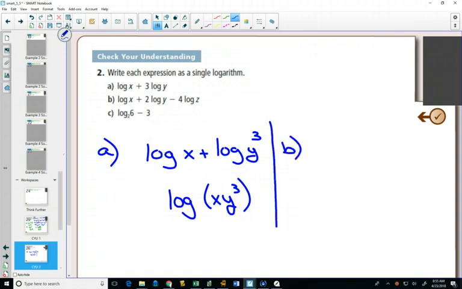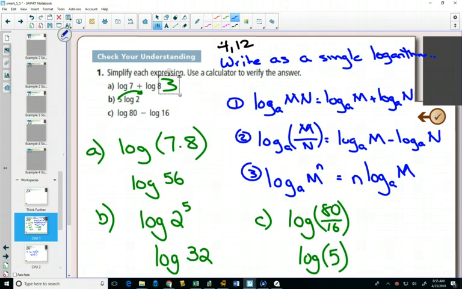In B, again, we have some numbers out in front. So we won't be able to add or subtract until those numbers are out, because both the adding and the subtracting ones, number 1 and 2, only work when it's a log plus a log or a log minus a log.